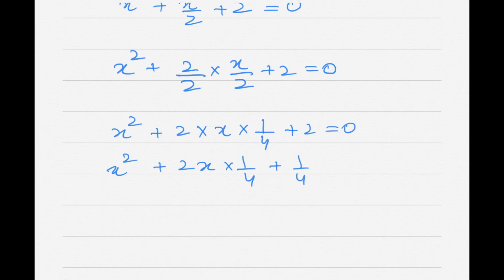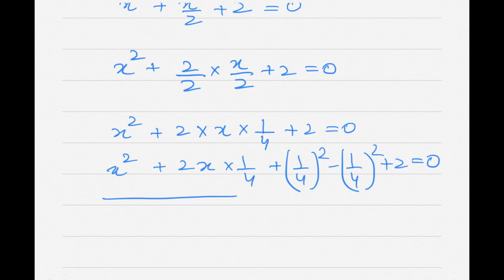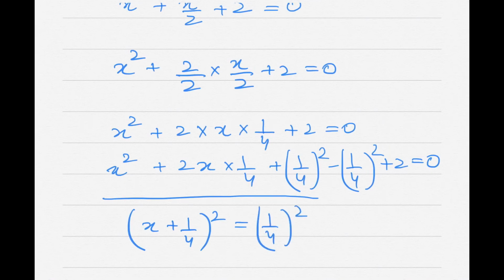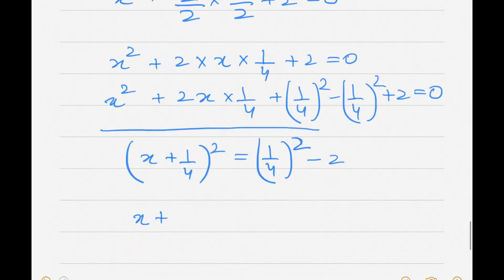So now I can do plus 1 by 4 whole square minus 1 by 4 whole square plus 2 is equal to 0. Now this I can write as (x plus 1 by 4) whole square, and the other two terms I can take to the other side. So 1 by 4 whole square minus 2.